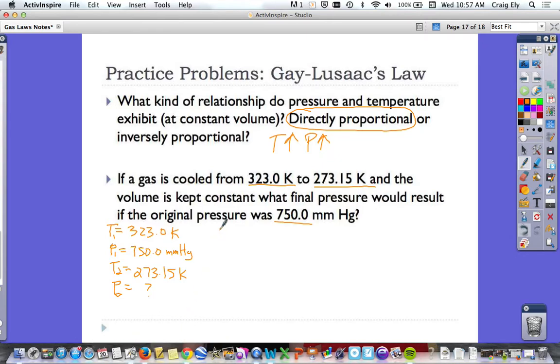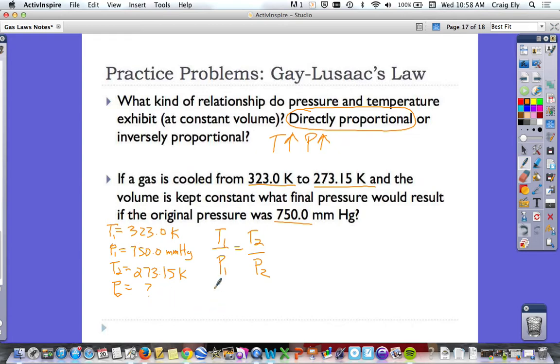So let's look at our formula: T1 over P1 equals T2 over P2. Let's plug in our numbers into the formula.